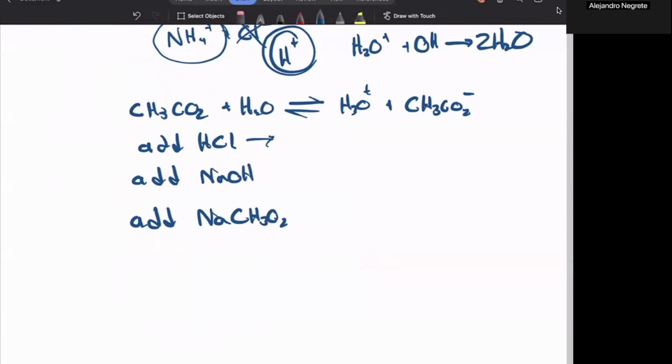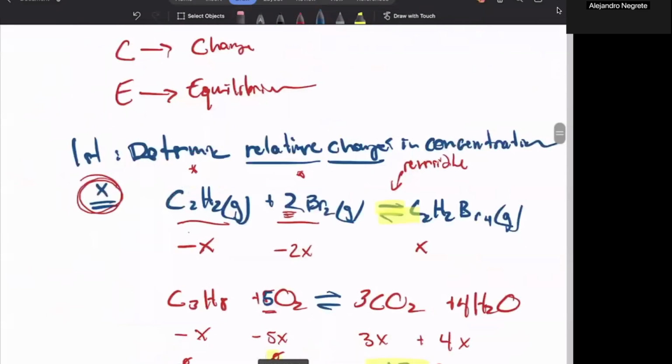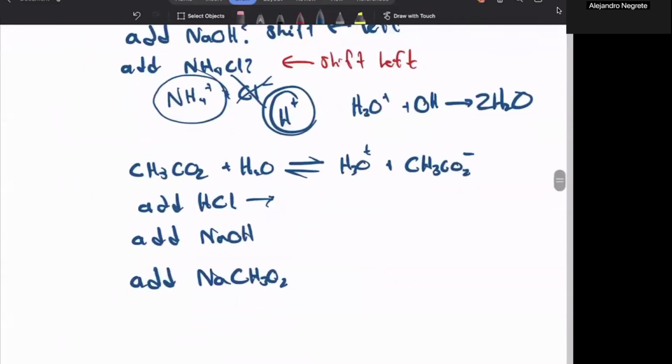There we go. So this is another reaction, right? And again, this also makes water, right? But when we're looking at these reactions here, let's make an equivalent here.